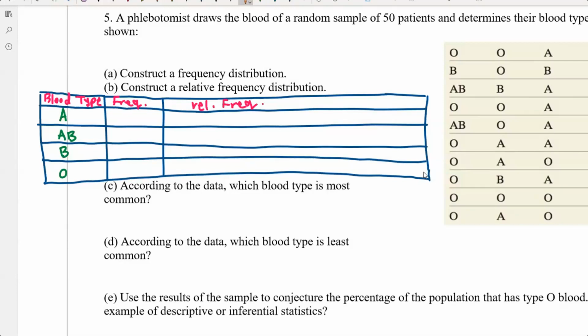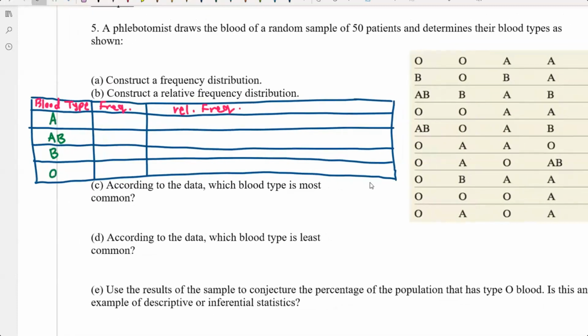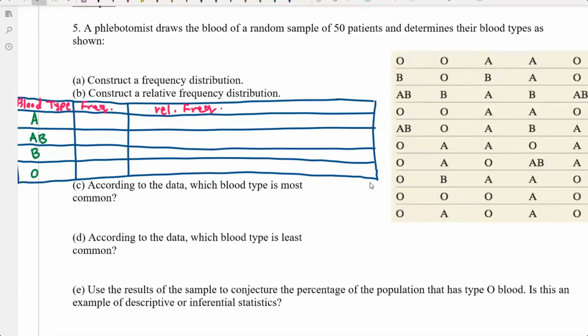Now we have to count how many times we have blood type A in this part. We should have 18. So 1, 2, 3, 4, 5, 6, 7, 8, 9, 10, 11, 12, 15, 18.